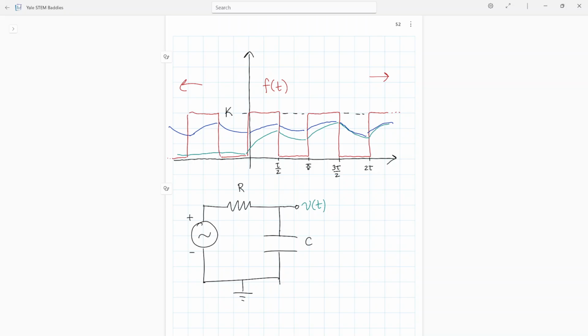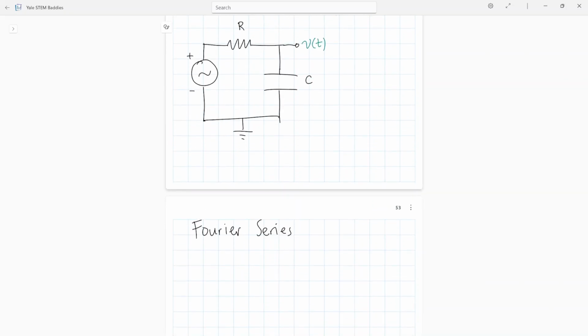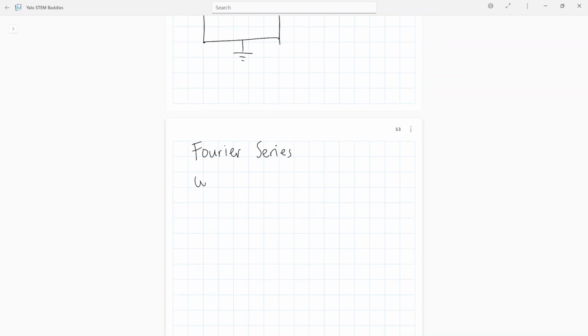We see that it has a period of T. It repeats every T time units. So the fundamental angular frequency is going to be 2 pi over the fundamental period, which is those T time units.